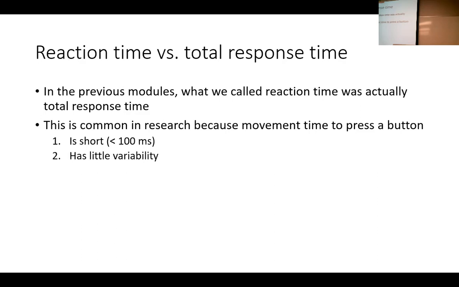And also the idea is that there's probably very little variability to that. How long it takes you to press the button is probably about the same, regardless of whether it's compatible or incompatible, or your right hand or your left hand. So if we're always overestimating reaction time by a small constant amount, it's not a big deal.